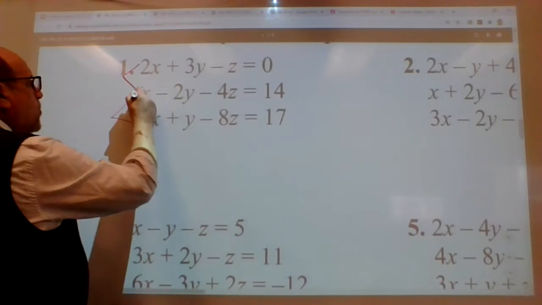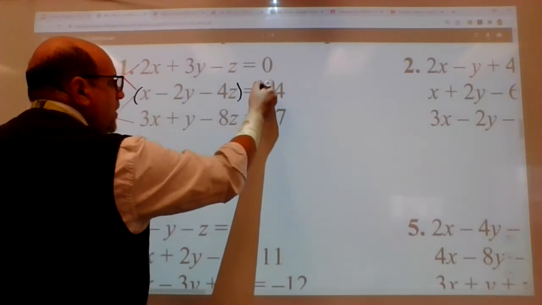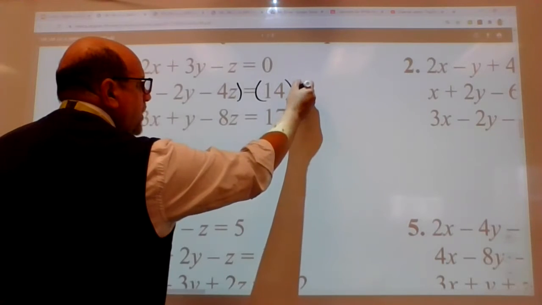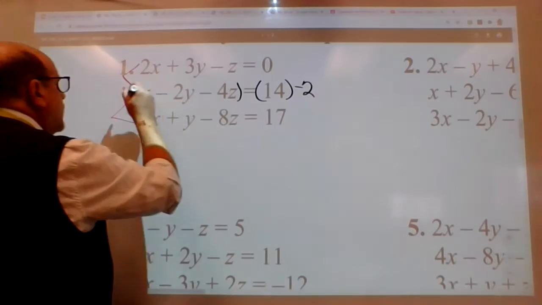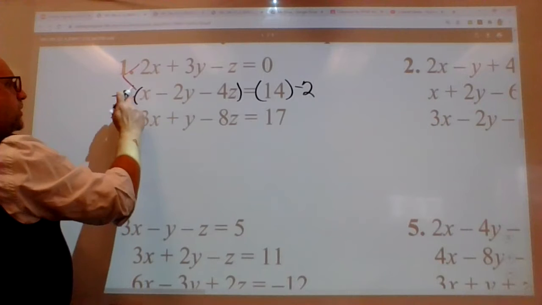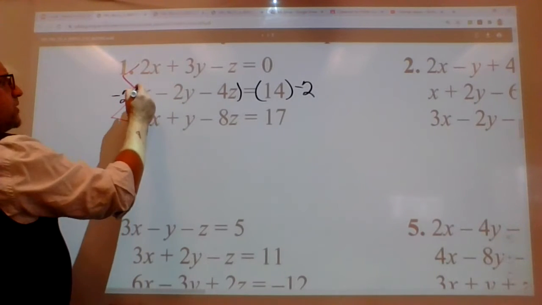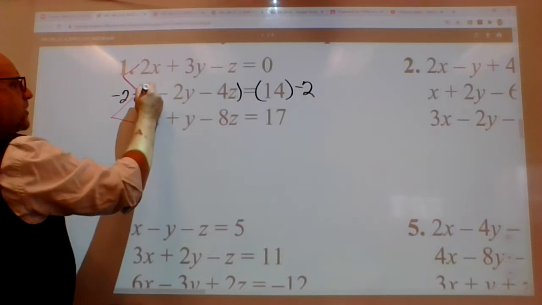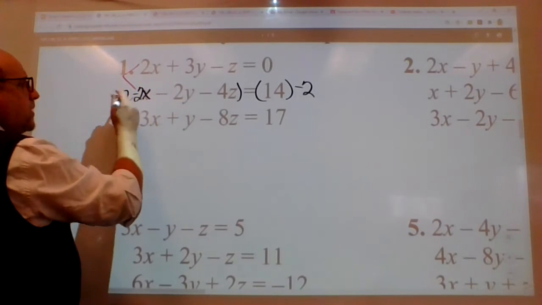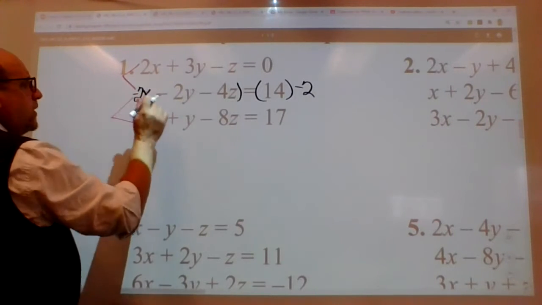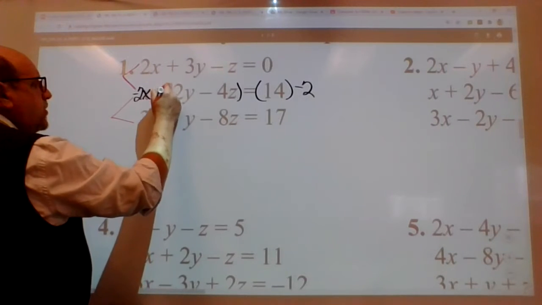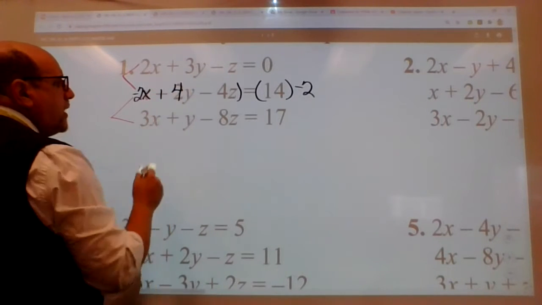So I'm just going to do it right here. Negative 2. Negative 2. All right? So when I rewrite this, it's negative 2 times x, or negative 2x. Negative 2 times negative 2 is positive 4y.